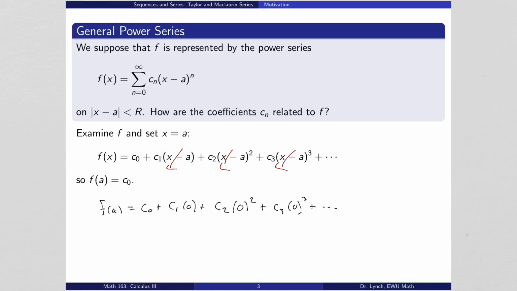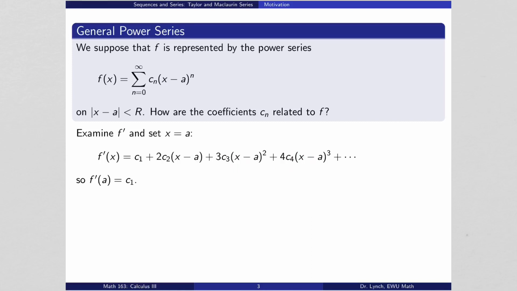Okay, so let's take a derivative and try this again. Our intuition here is that we should be able to differentiate our power series without changing the radius of convergence, so long as we are on that radius of convergence. Here's the derivative of the power series: c1 plus 2c2 times (x minus a) plus 3c3 times (x minus a) squared, and so on.